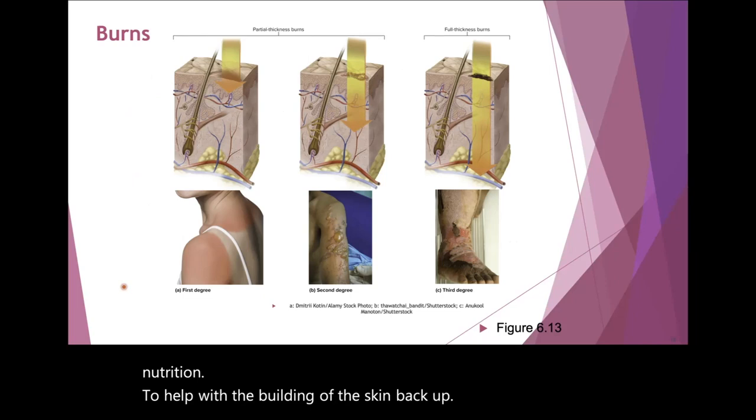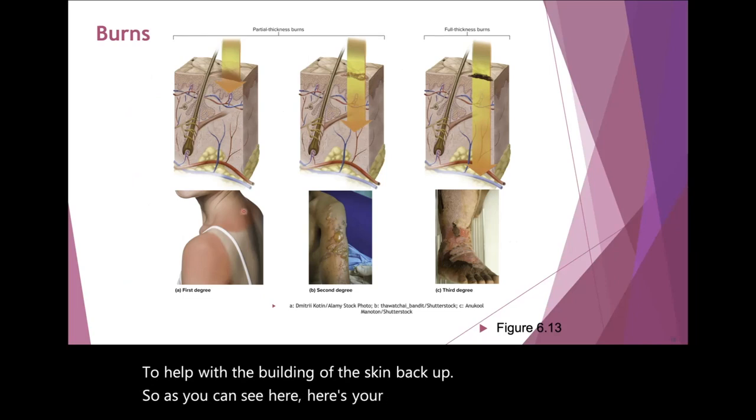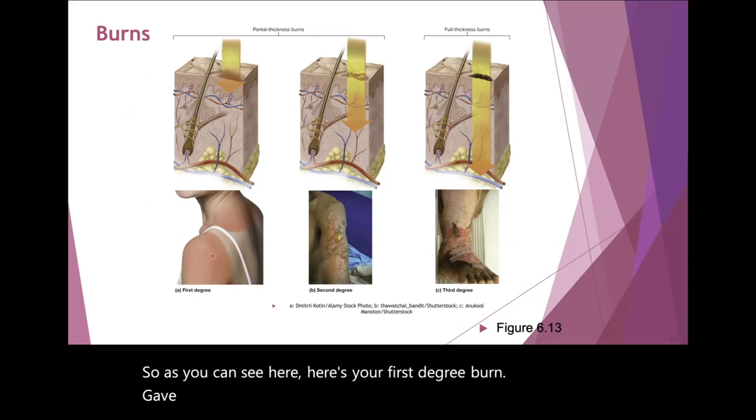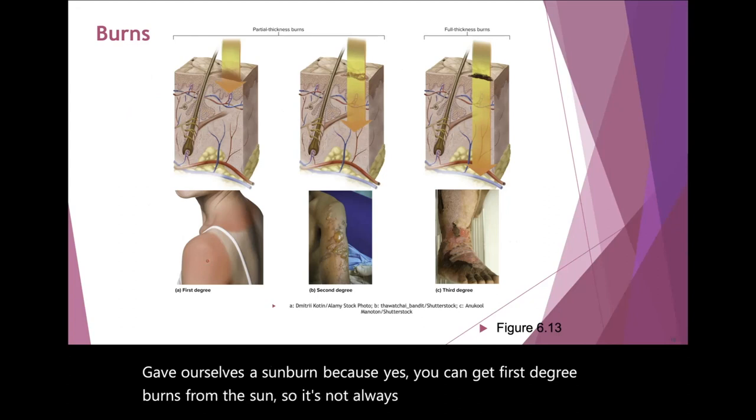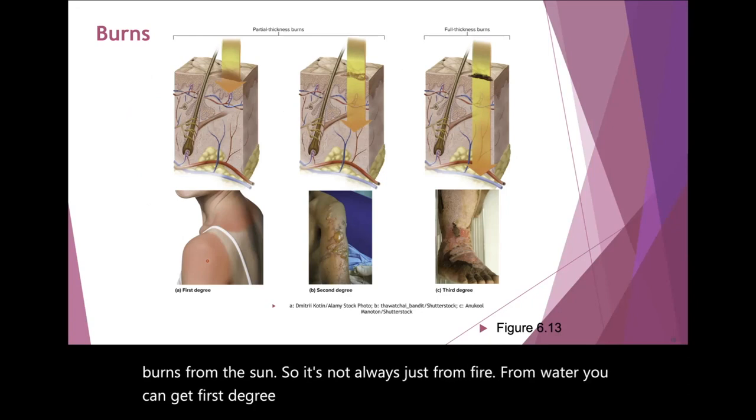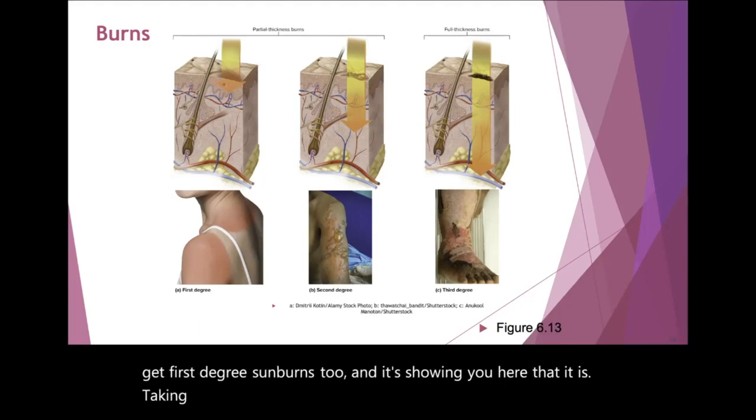So as you can see here, here's your first degree burn. Gave ourselves a sunburn because yes, you can get first degree burns from the sun. So it's not always just from fire or water, you can get first degree sunburns too. And it's showing you here that it is taking place in that epidermis.